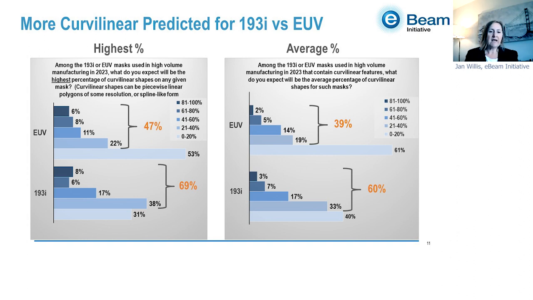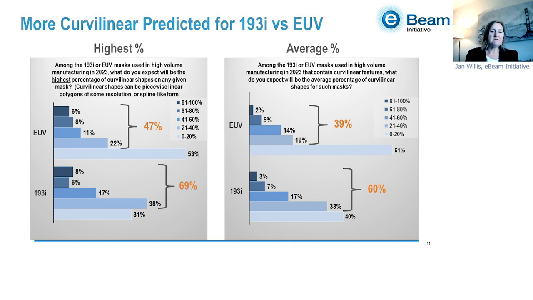When you look at the charts, we can conclude that there is a pattern of difference for 193i and EUV, but the pattern of difference is not distinguishable between the highest percentage and average percentage.